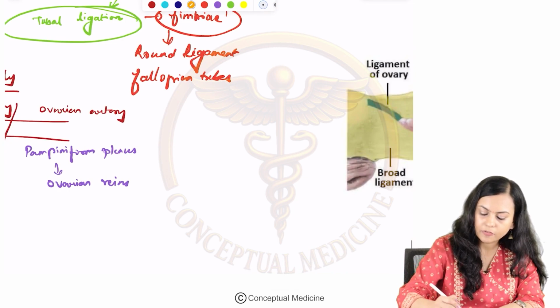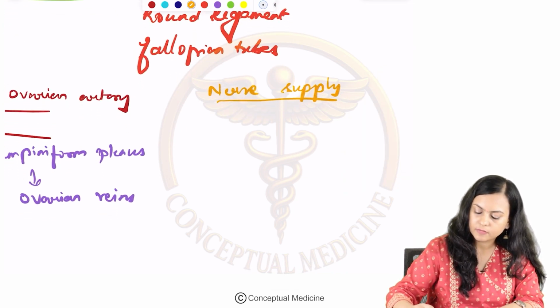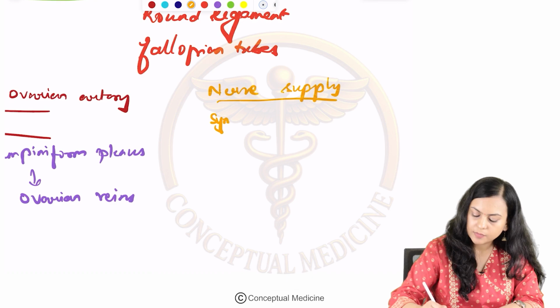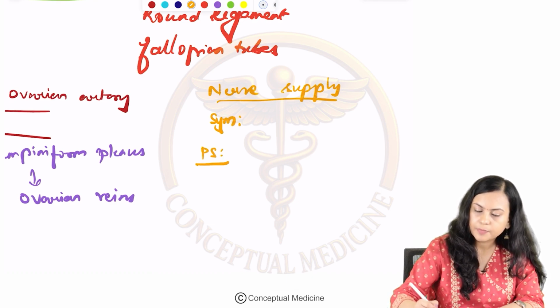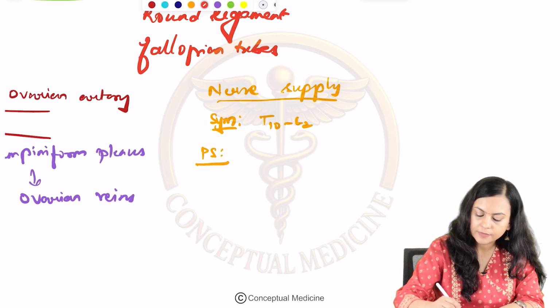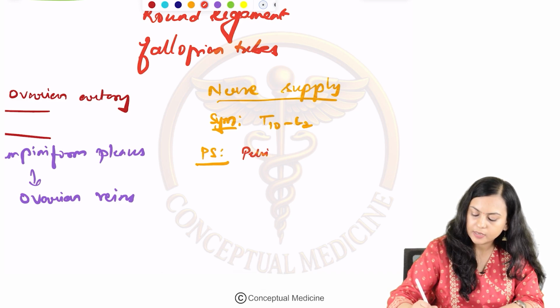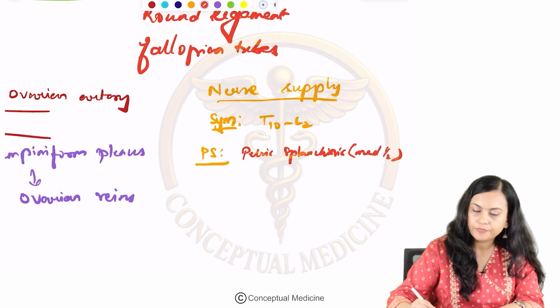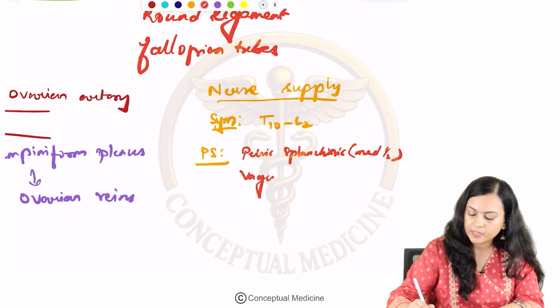Regarding the nerve supply of tubes, it has sympathetic nerve supply and parasympathetic nerve supply. Sympathetic nerve supply is from the T10 to L2 nerve roots, and parasympathetic nerve supply is by the pelvic splanchnic nerves in the medial half and via the vagus nerve in the lateral half.